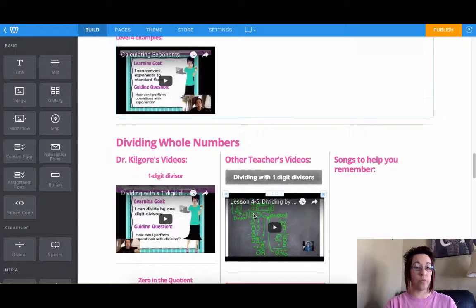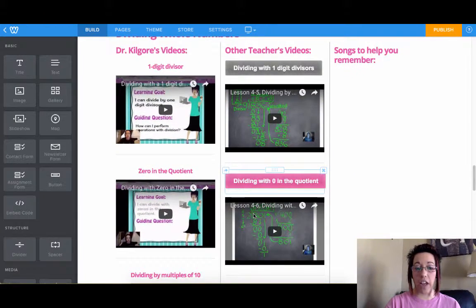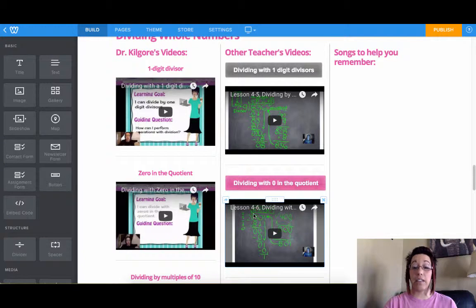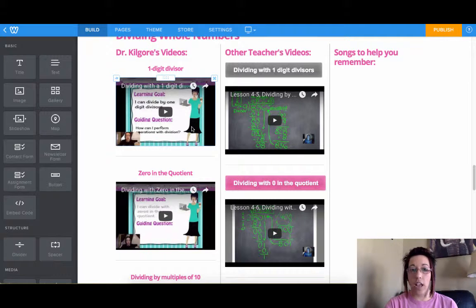Oh, here's the division. Division is very similar to multiplication. I have to start at various places teaching that part of the learning target. Sometimes I have students that are with 1-digit divisors, and we're going back to manipulatives and really trying to get the concept of what is dividing.